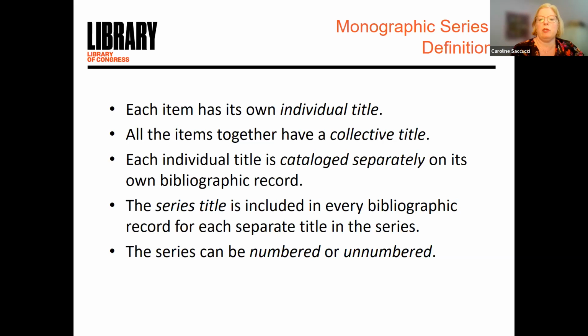Each individual title would be cataloged separately on its own bibliographic record. And the series title is included in every bibliographic record for each separate title in the series. And of course, series can be numbered or unnumbered. This is a very simplistic definition, but it gives the concept and relates to what Graham was saying.